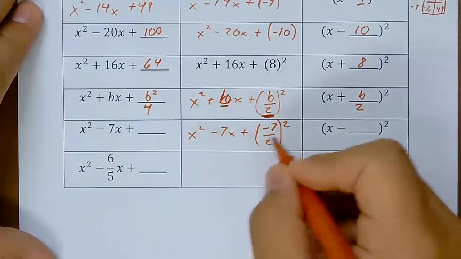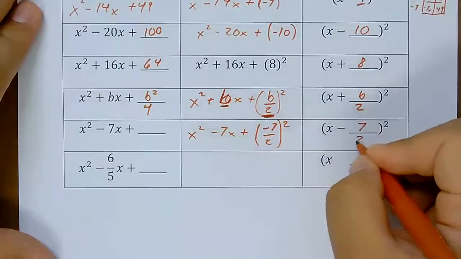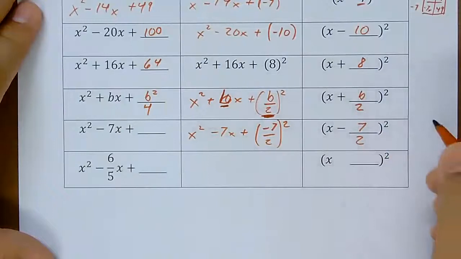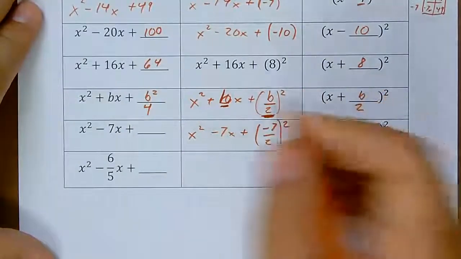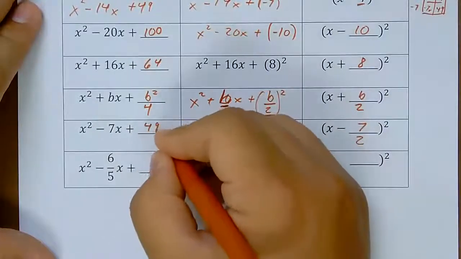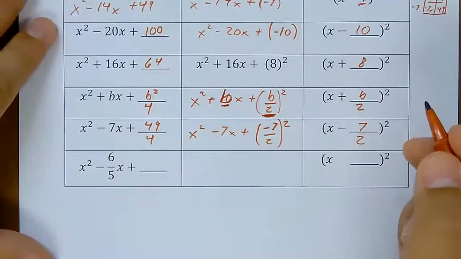So our binomial from here is really easy. We're just inserting this number: x minus 7 over 2 squared. When we actually square that out to finish our trinomial, we have 49 over 4.